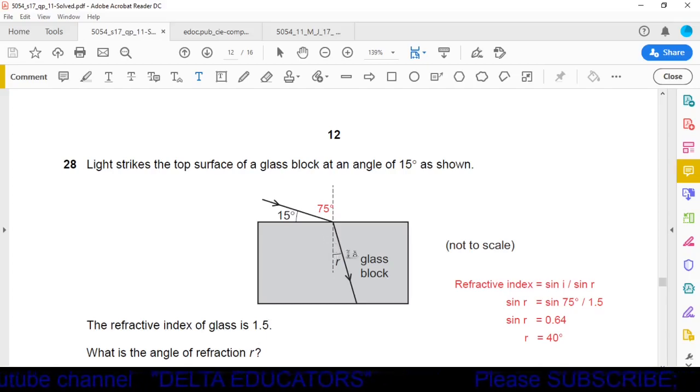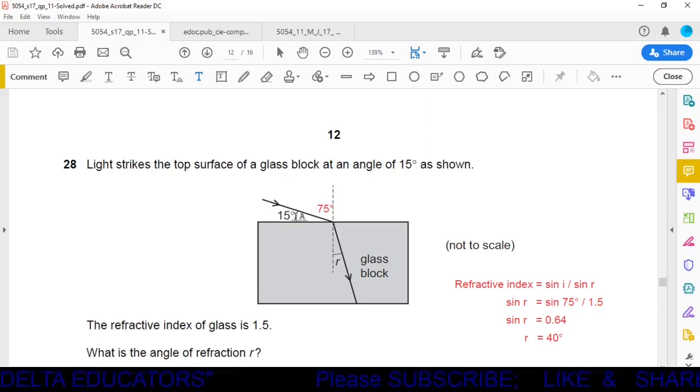This angle is asked. We have studied a formula that refractive index is equal to sine I over sine R. Now what is sine I? Sine I means sine of the angle of incidence. What is the angle of incidence? This is the incident ray, this is the normal. The angle between the incident ray and the normal is called the angle of incidence.